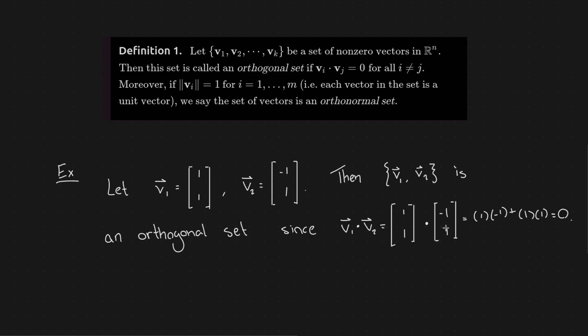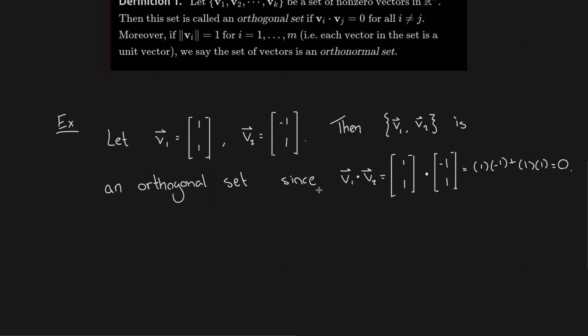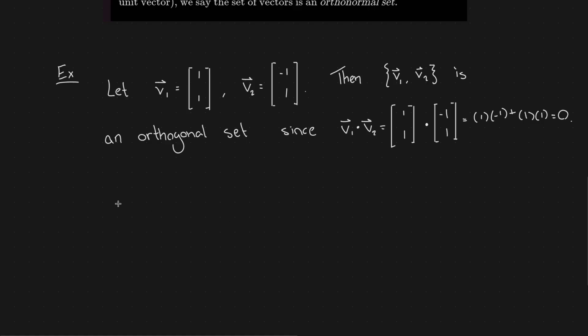But if we have an orthogonal set, we can easily fix that because it's easy to normalize a vector. It's easy to take a vector and turn it into a unit vector pointing the same direction. We can easily turn this into an orthonormal set by normalizing the set.